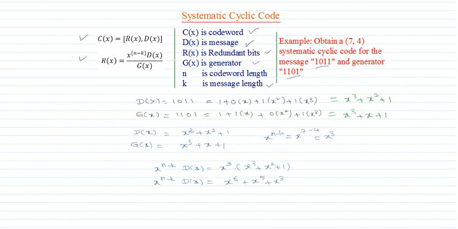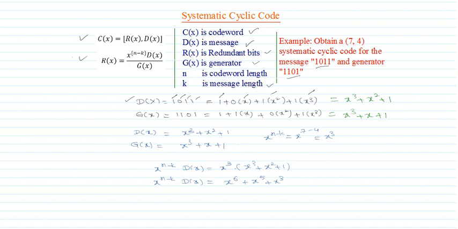So now D(x), I'm expressing it as a polynomial. How am I doing it? This 1 I'm writing as it is, this 0 I'm multiplying with an x, this 1 I'm multiplying with x squared, and this 1 with x cubed. Thereby I get the polynomial x^3 + x^2 + 1.